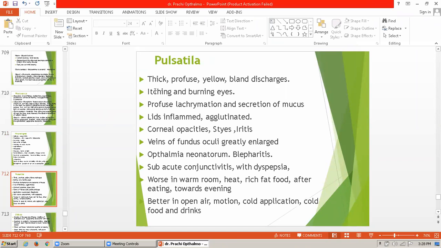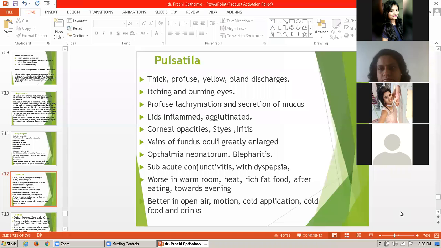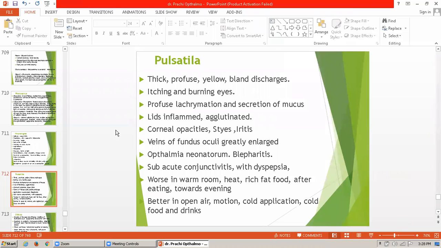The next remedy is Pulsatilla. Pulsatilla is a great deep acting remedy, with thick, profuse, yellow, bland discharge. There is itching and burning of the eyes, profuse lacrimation, and secretion of mucus. Lids are inflamed and agglutinated, with corneal opacity.